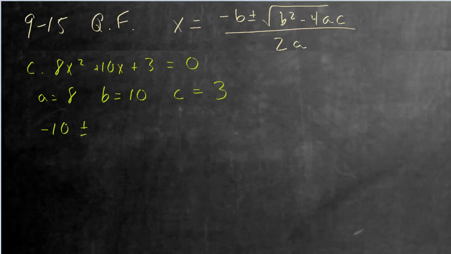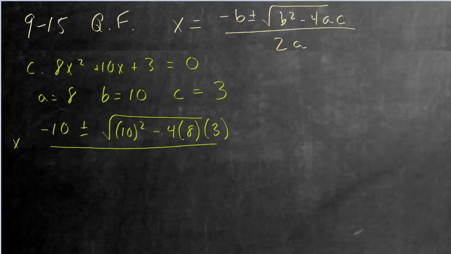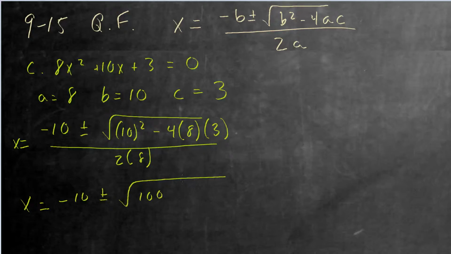Negative b plus or minus square root of b squared minus 4 times a times c all over 2 times a. Good deal. Start simplifying. Negative 10 plus or minus 100 minus 96 all over 16.